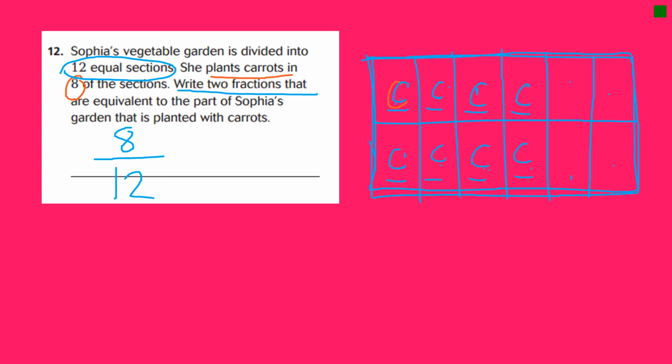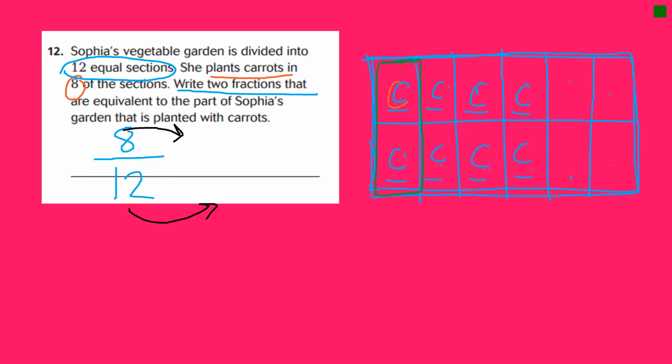Okay? So if you want, you can think about something maybe that you can divide 12 by and 8 by. That's the same, but let's look at the model, okay? I'm going to separate these 12 sections into 6, okay?